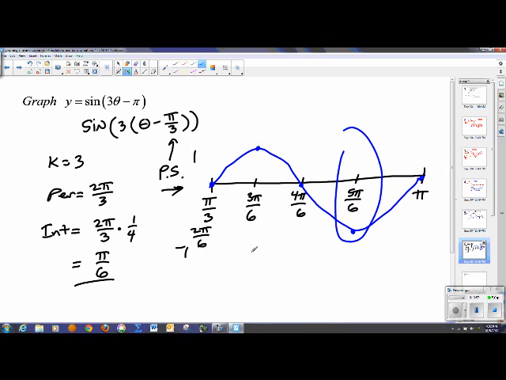I'll go back into the original. So I'm going to take the sine of 3 times 5 pi over 6, and I'm going to subtract pi from that.